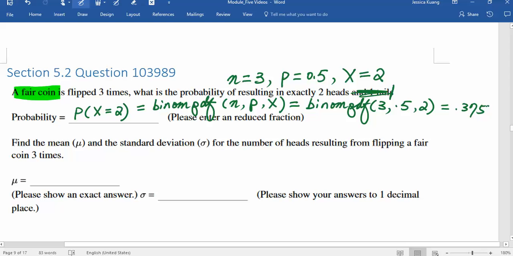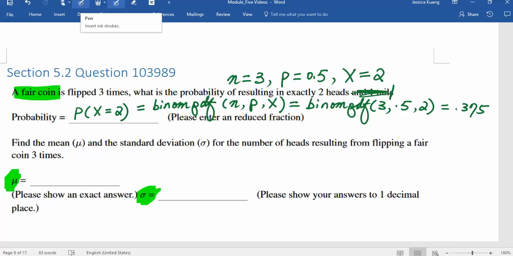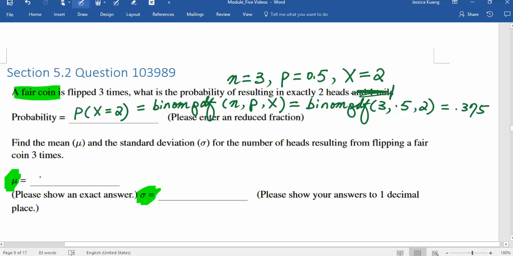Next step, I would like to find the mean and the standard deviation. Previously, we used the table and the graphing calculator. Now I'm just going to give you the formula, which is the mean equals n times p. In this case, we have 3 times 0.5, or 1/2.